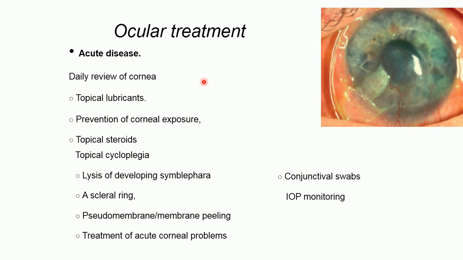A scleral ring, consisting of a large haptic lens, may help to prevent symblepharon formation. Pseudomembranes: membrane peeling, treatment of corneal problems, conjunctival swabs, and IOP monitoring by portable tonometer.